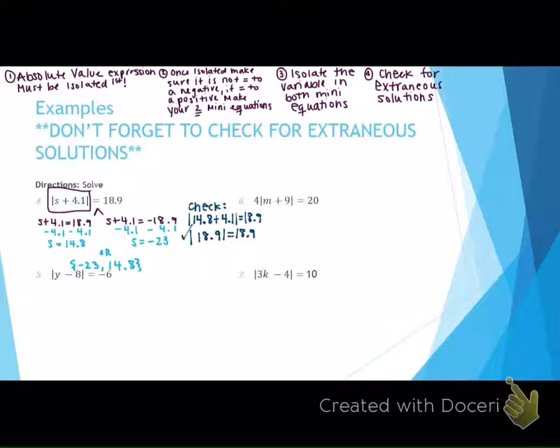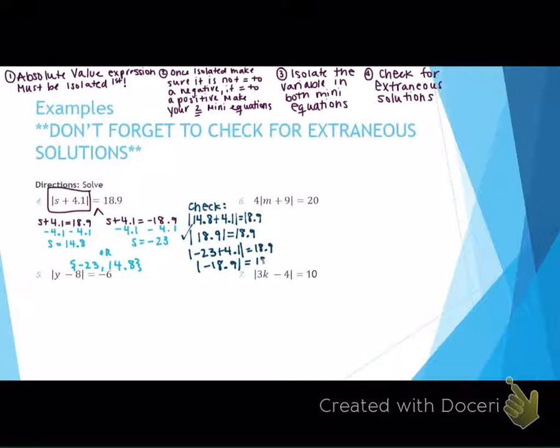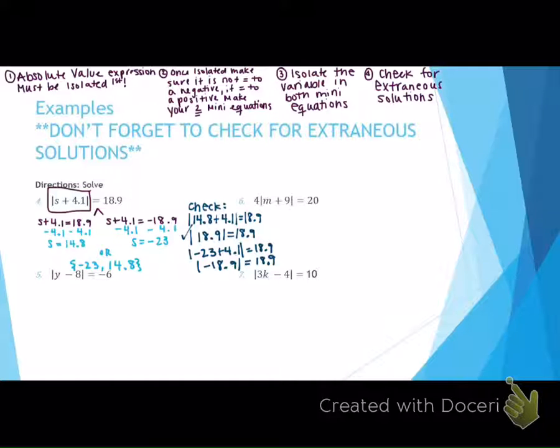Yeah, so that works. So then I have to do negative 23 plus 4.1 equals negative 18.9, and the absolute value equals 18.9. Is the absolute value of negative 18.9 equal to 18.9? Yes, so we can keep both of our solutions.